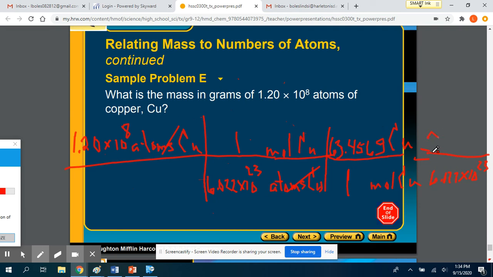You can put it in scientific notation though, 7.6 times 10 to the 9, okay? And then divided by the bottom number, 6.022 E23. And your answer should be 1.26 times 10 to the negative 14. And your units would be grams of copper, because that's what we were going to.